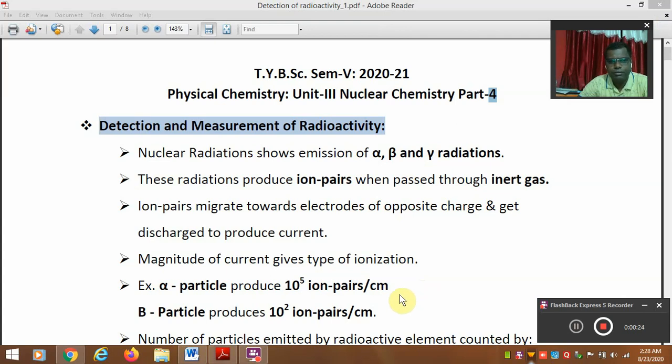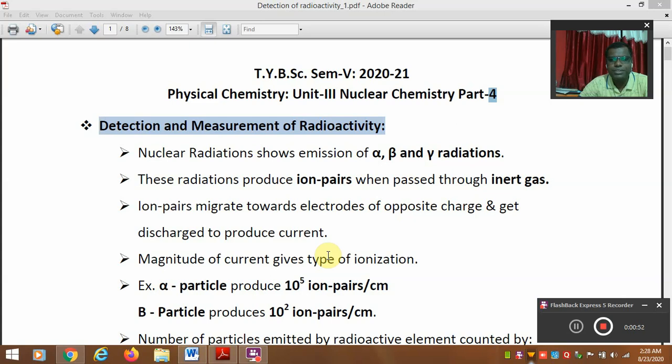Dear friends, in the previous lecture, we discussed the detection and measurement of radioactivity. We also discussed that nuclear radiation shows different types of emission like alpha, beta and gamma, and these radiations are able to produce ion pairs when passed through inert gases. When these ion pairs migrate towards the electrodes of opposite charge, they get discharged and are reported in the form of current as a count.